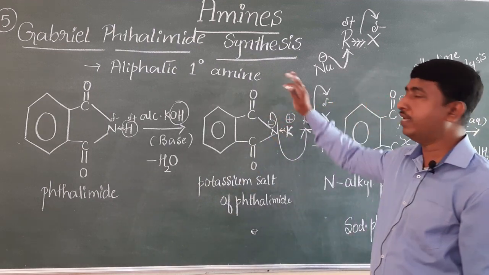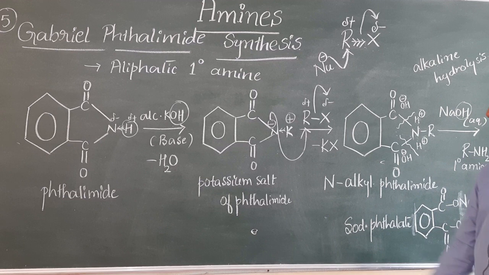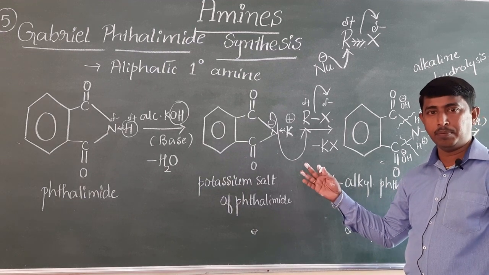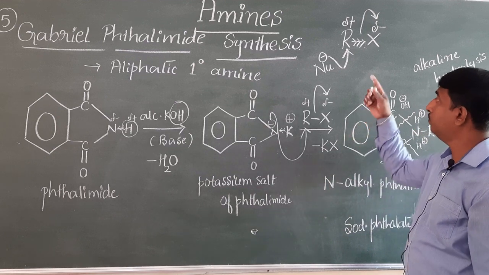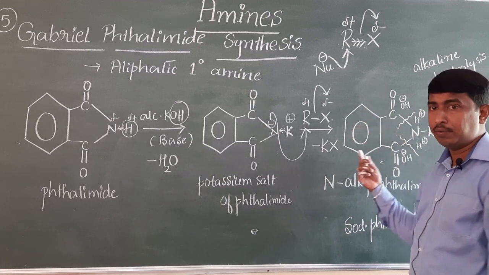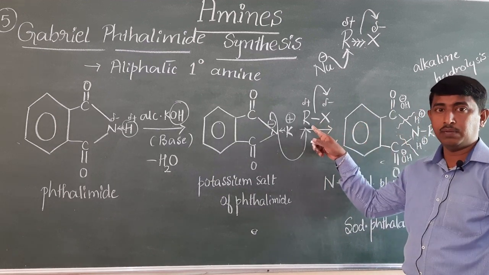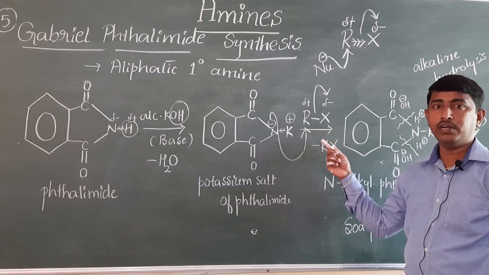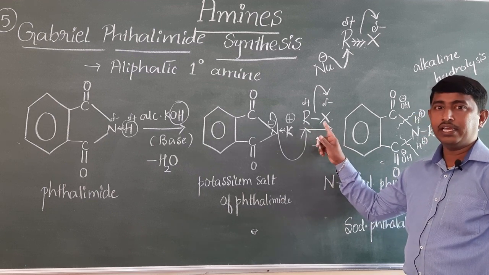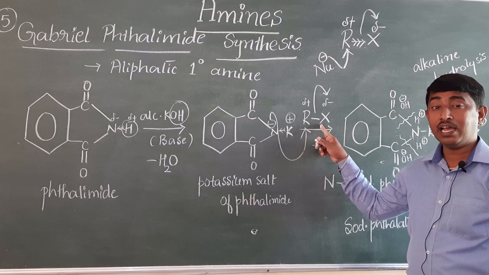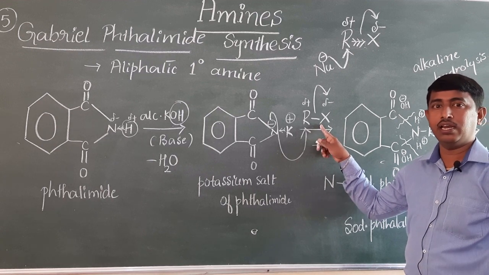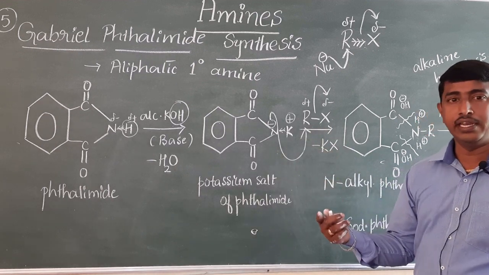See, why can aromatic primary amine not be prepared by using this method? If I want to prepare an aromatic amine, in the place of RX I have to take an aryl halide, a haloarene.